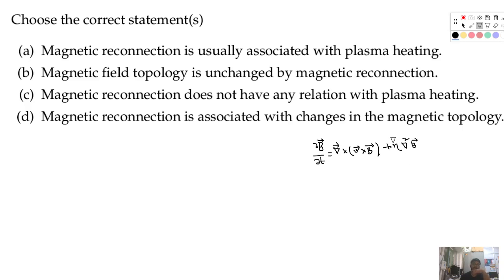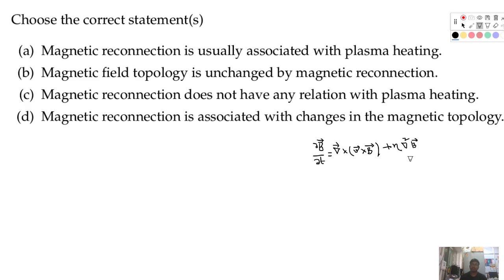That means you have eta, which is the magnetic diffusivity, and grad squared B is the second order gradient of the magnetic field itself. So as you can see, the second term will dominate if eta is very high in a localized region, or if grad squared B is very high, that means your magnetic field has a very steep gradient.